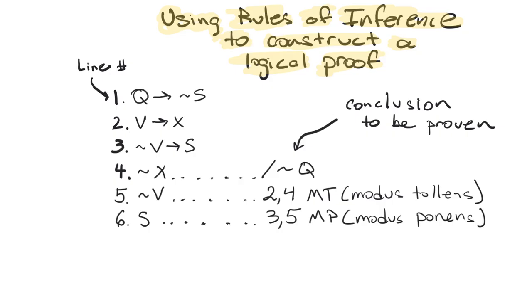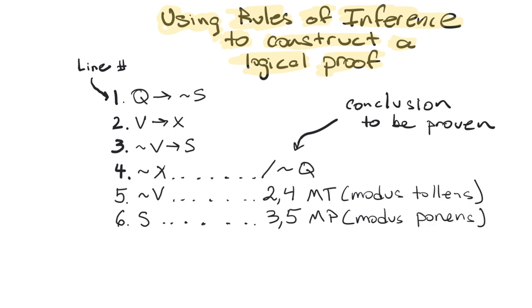This is where we start thinking about logical equivalence or the rules of replacement, which are basically the idea that when you have logically equivalent statements, you can just replace the one with the other because they're logically equivalent.